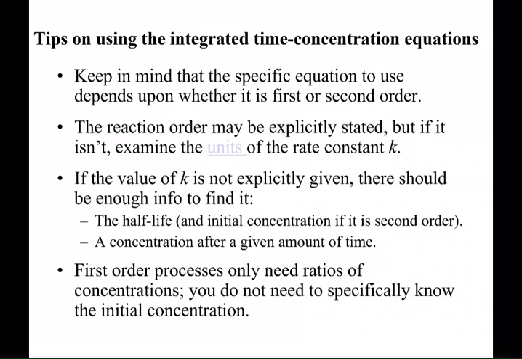How much of A is remaining? 25%. What would we put right there? 1/4, or 0.25 would go right there as the ratio remaining. Okay, so that's an important one.